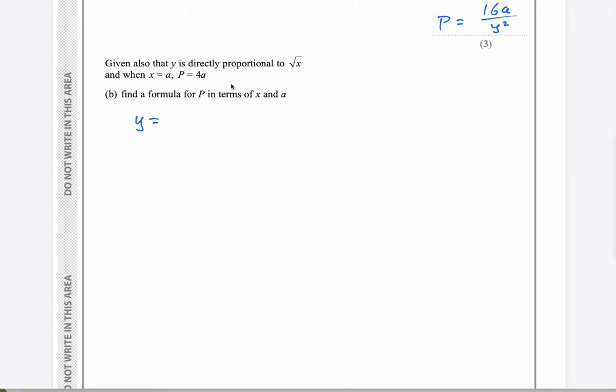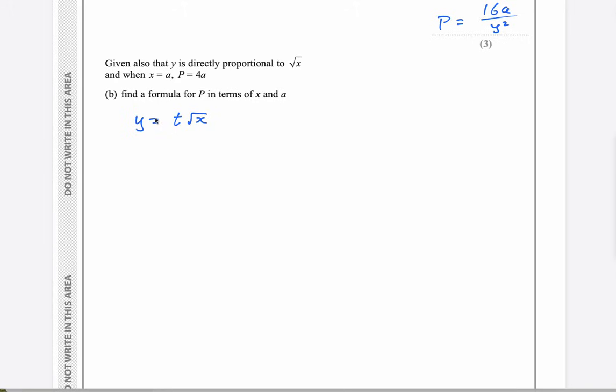Another letter I could use for the constant is C. You could use whatever letter you want, but I'm going to use T. I like T in this situation. So y is equal to T, my constant of proportionality, and it's directly, so the root x goes above the line like this.